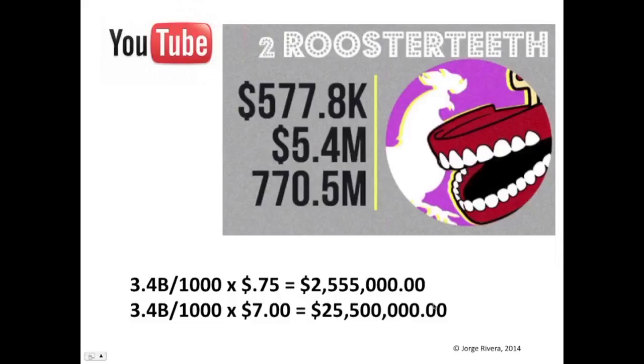So somewhere between $2.5 million and $25 million lies the truth. No one really knows. But the point is that they are making a healthy profit on the content that they're creating on their channel, which started with a series that wasn't content that they created themselves.